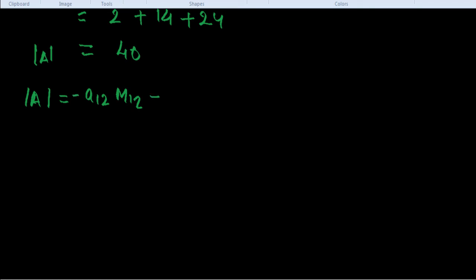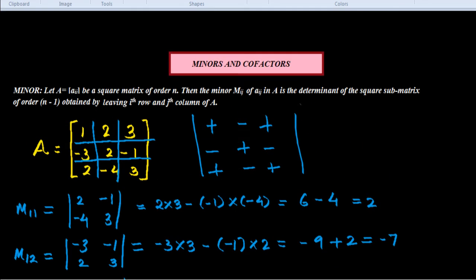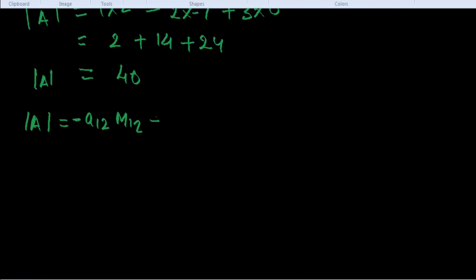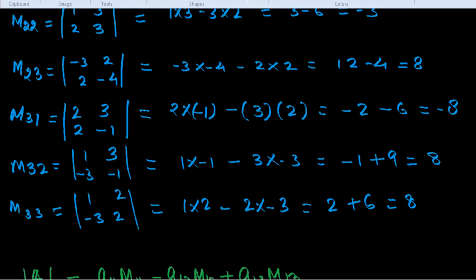The second column, it would be negative, where there is the sign convention. If we use the sign convention, for this we have to take negative, positive, negative. So we choose the negative sign here, then positive A22 M22, then negative A32 M32.